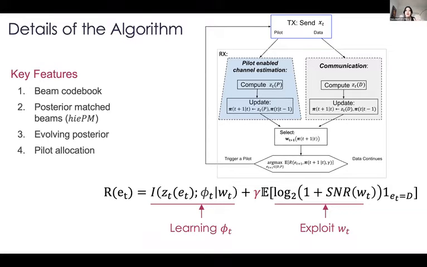So basically now this is going to be a trade-off between learning the angle of arrival, the mutual information between what you're seeing and the angle of arrival, versus the capacity or the spectral efficiency that you gain using a particular beam.